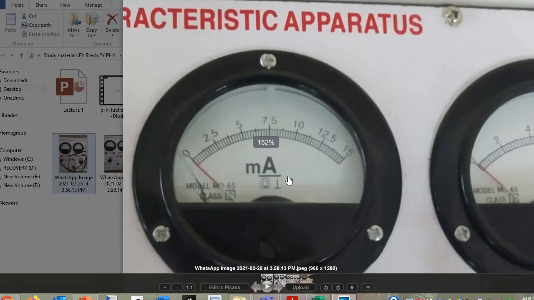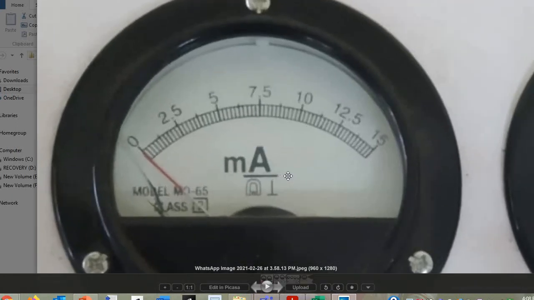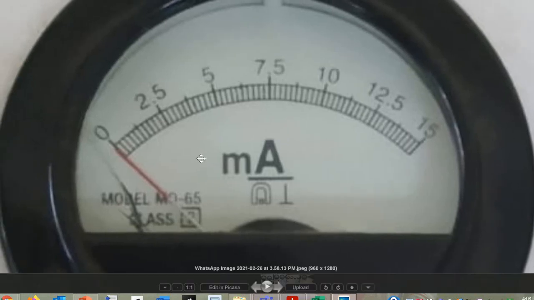So you have to give me the least count. 0.25. Same, both meters have the same scale. So 2.5 divided by 10 will be the least count of the milliammeter in reverse bias, and that is nothing but 0.25 milliampere.